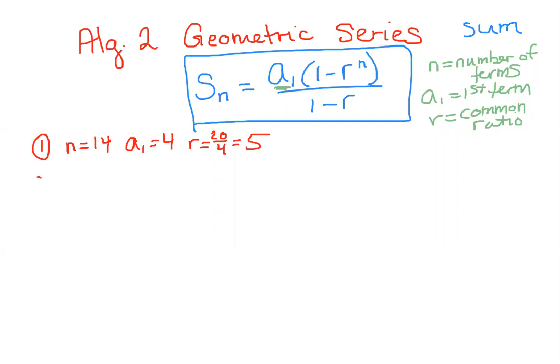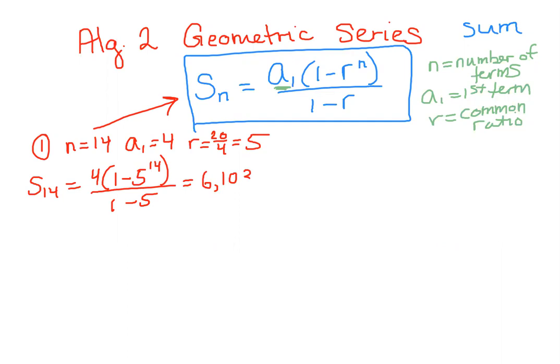So we're going to find S14 using this formula: a1 times 1 minus 5 to the 14th power over 1 minus 5. And this is going to be a huge number, because it's multiplying by 5 each time. So it's going up very quickly, and when we add 14 numbers together, it's a big number. That's our answer.